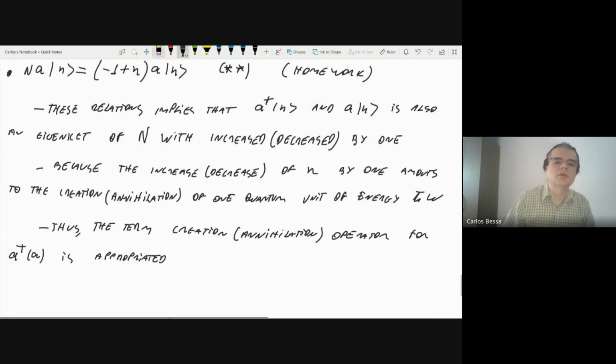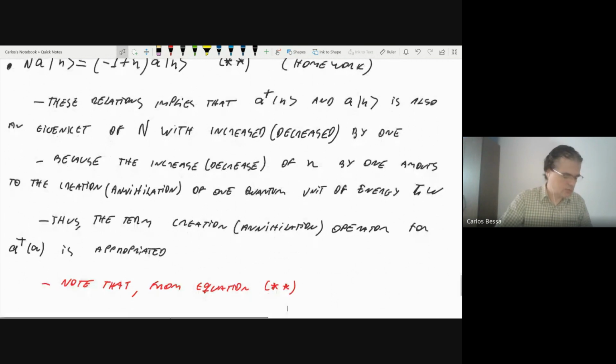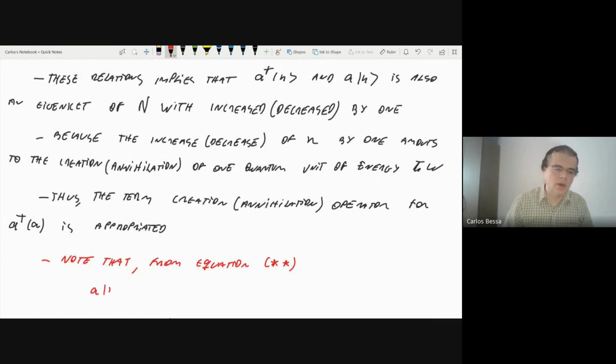We can see this from the equation that I call two stars: a n and n minus 1 are the same up to a multiplicative constant.